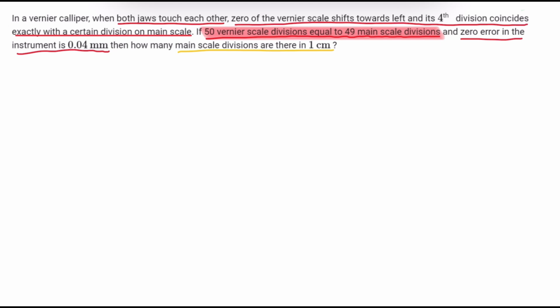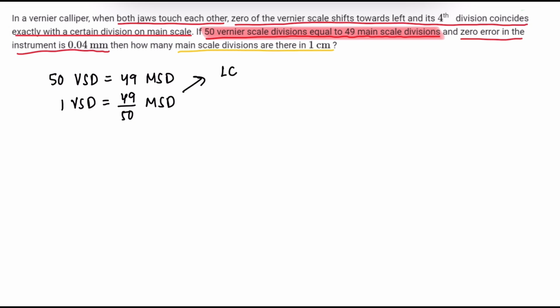They told us that 50 vernier scale divisions is equal to 49 main scale divisions. So 1 VSD is 49 over 50 MSD. Now, we need to take this one step ahead, so we need to find the least count.